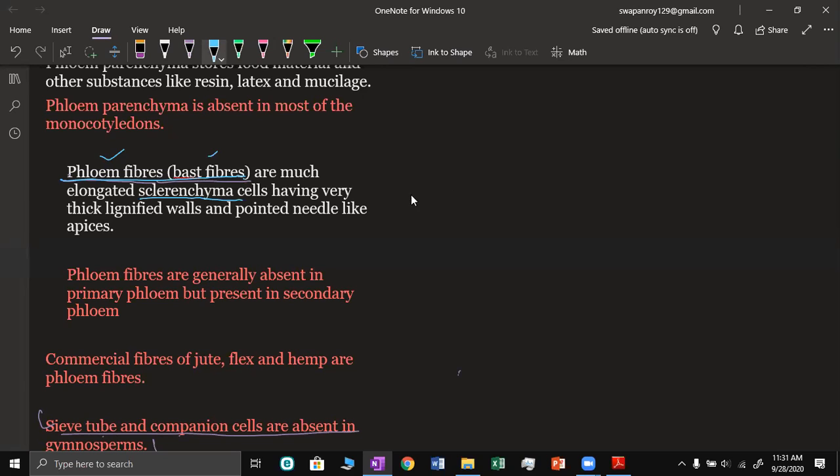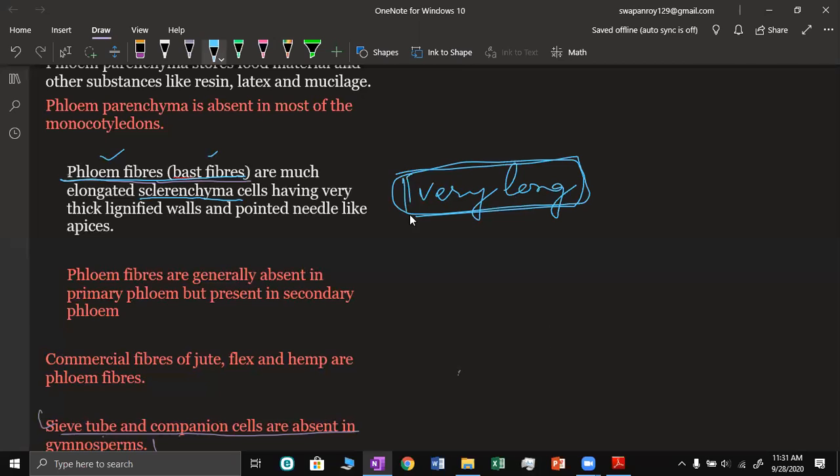In phloem also there is phloem fiber, but here the sclerenchyma fiber is very long, and the longest sclerenchyma fibers are found in the phloem region along with the phloem tissue.